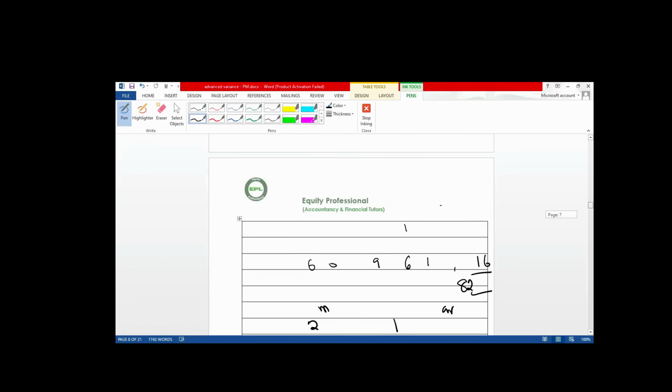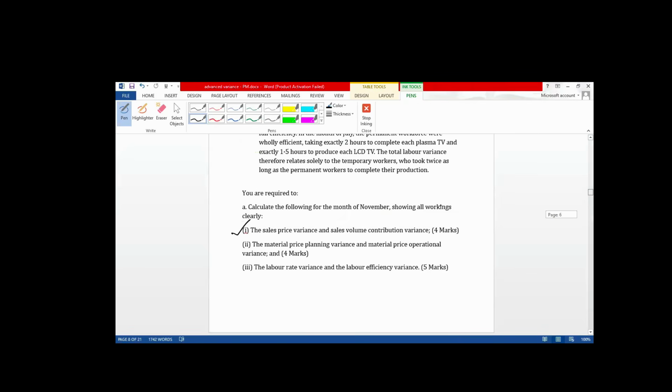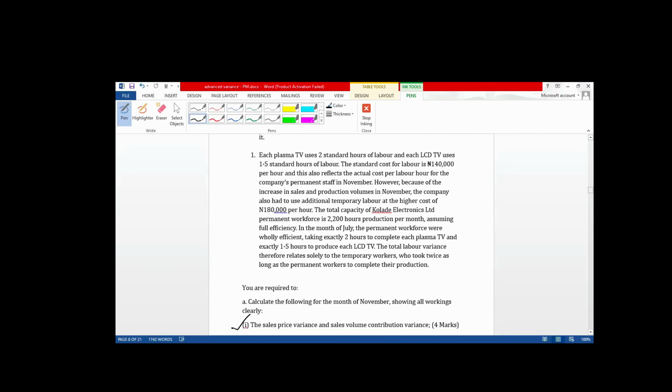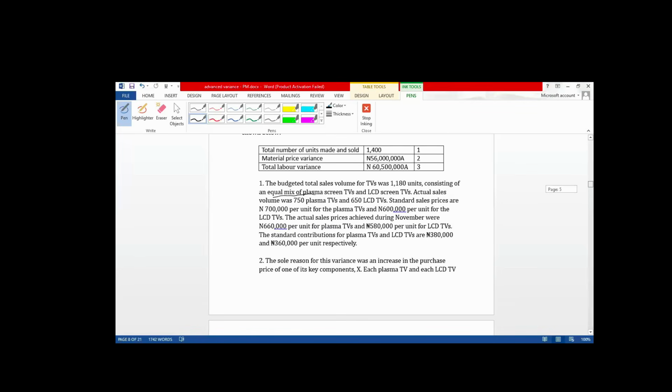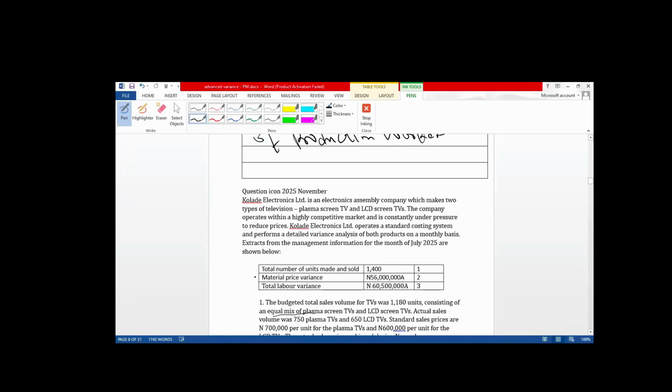Now, if you go back to the question. Look at note number 2. Note number 2, that is material price variance. It's referring to this note here now. This material price variance, examiner wants to explain it.